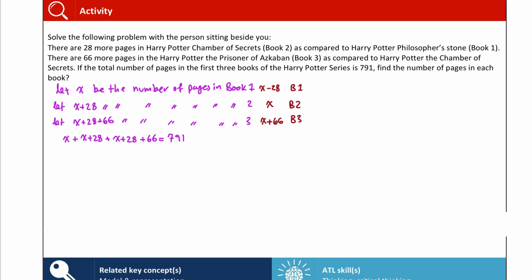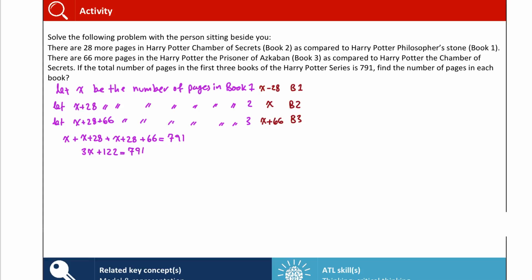So now to solve this equation over here, I'm going to look for like terms. So I have x, x, x here, which make up 3 x's. And I will simplify the left side of the equation by adding 28, 28, and 66. And when I add them together, I should get 122 here. So that will equal 791.